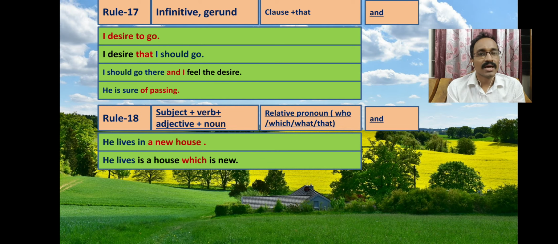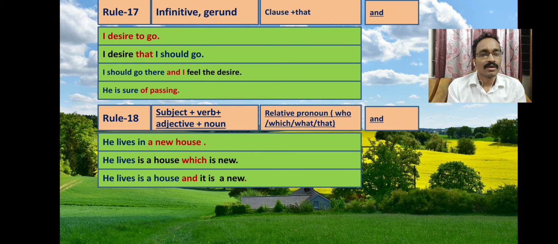So using the adjective we can make a new clause. Which is new? Here you see house is a non-living thing, therefore we have used which. And now how to make it a compound sentence? It is simple, using and. He lives in a house and it is new.